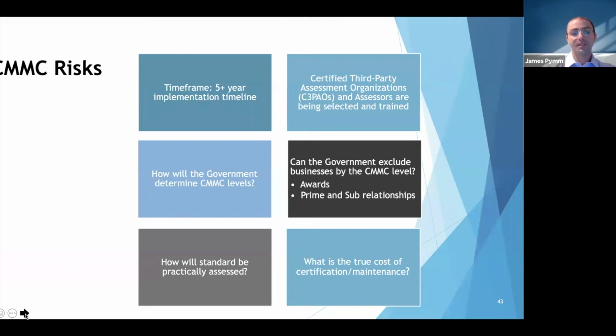Next, how will the standard be practically assessed? To date, at least to our knowledge, no one has actually gone through an assessment. And in early December, the DoD finally released the assessment methodology, which is essentially what the C3PAOs are going to be reviewing when they come on site to conduct these assessments. And we now have a standard, which is a huge step in the right direction, just in terms of working with our clients to help them better understand what the assessors are going to be looking for.